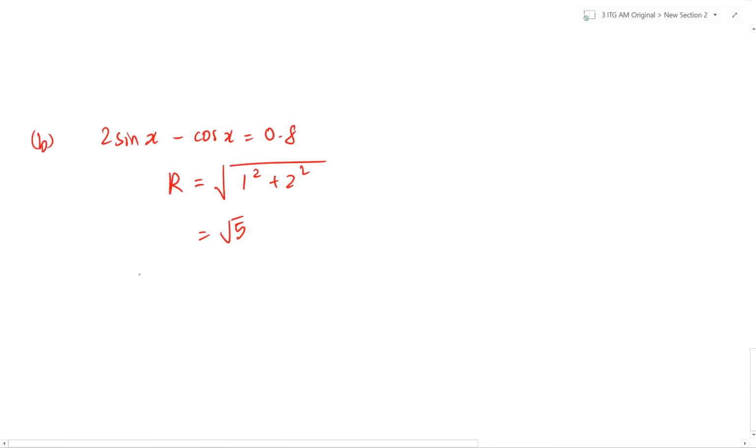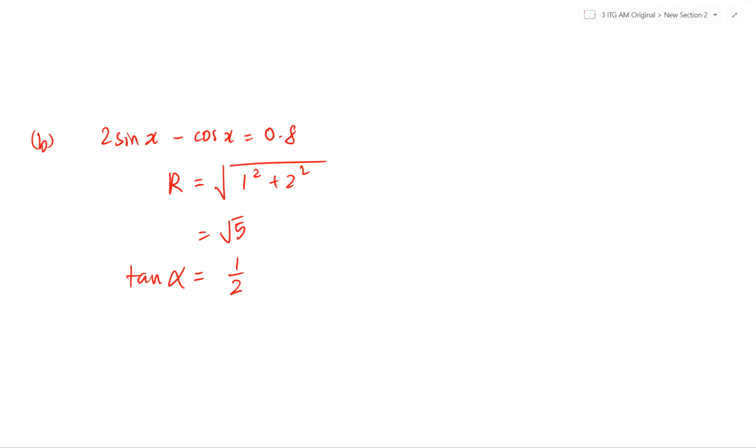Okay, now that I have r, tangent alpha is, how much is it? Is it negative half or half? Look at what I have. What did I say about tangent alpha? It's b over a, right? And if I am using the first one, b is always positive.